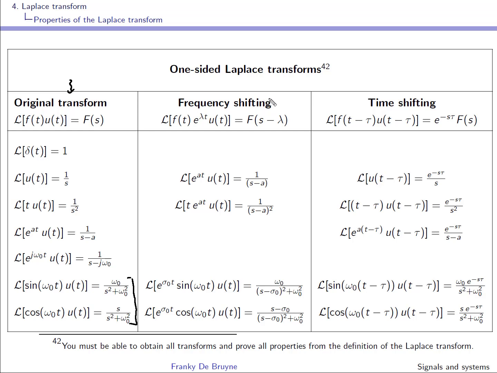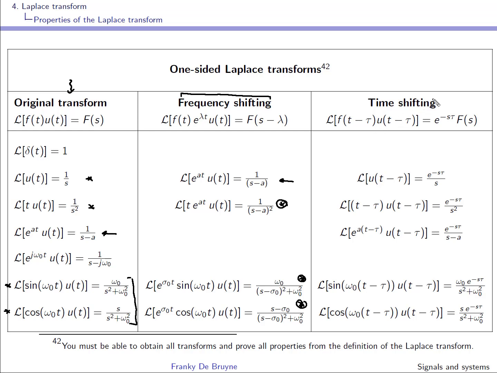Then we have considered the frequency shifting property, and we have applied it to these Laplace transforms to obtain, well, 3 new Laplace transforms in this table. This one over here, this one over here, and this one over here. This one we had already obtained, but differently, in the first column using the definition of the one-sided Laplace transform.